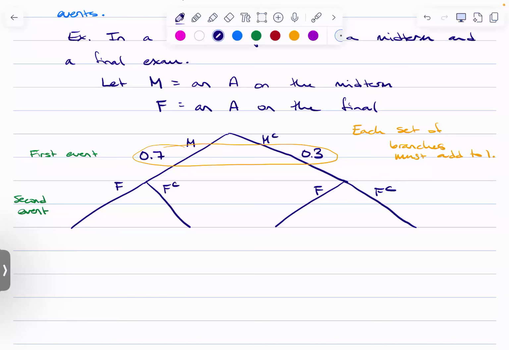These probabilities will be conditional, usually, on what happened in the midterm, right? Just intuitively, do you think if you got an A on the midterm, the probability of getting an A on the final should be a little bit higher, right?